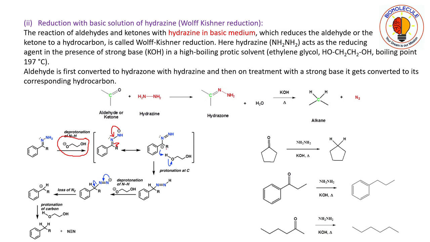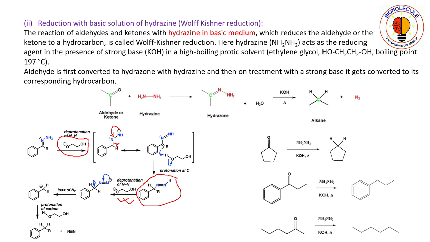Now the carbanion then takes up a proton from ethylene glycol and you get this one, and again you are getting the conjugate base of ethylene glycol.